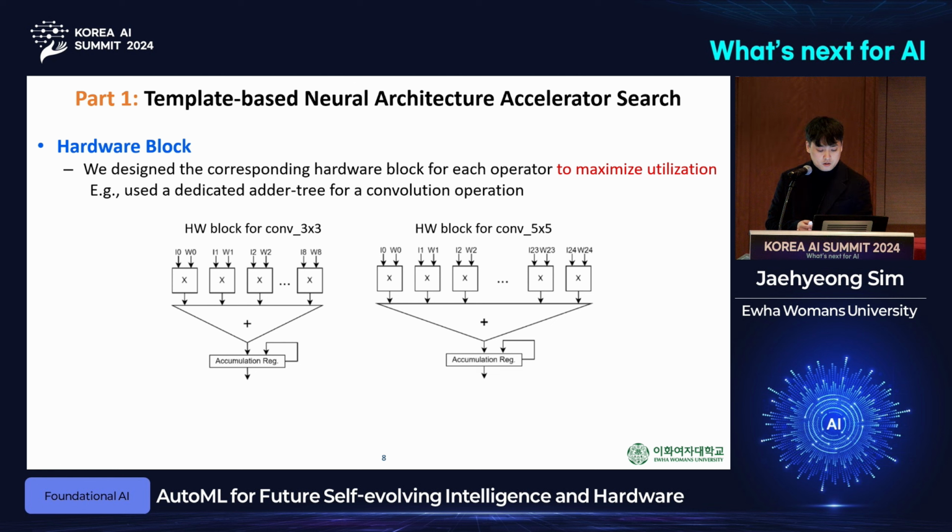And since the number of multipliers and the size of the kernel match, we always get 100% utilization in this hardware configuration. So we use the dedicated adder tree for convolution operation.